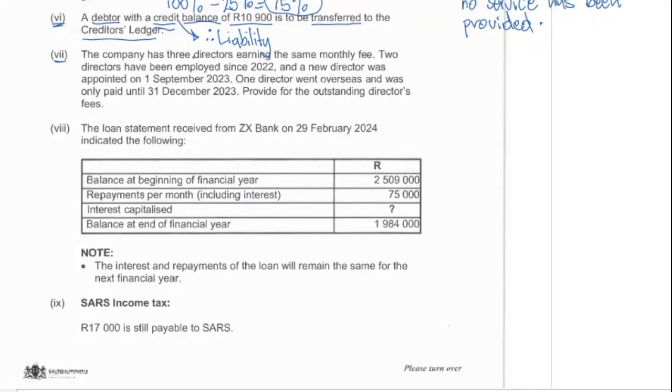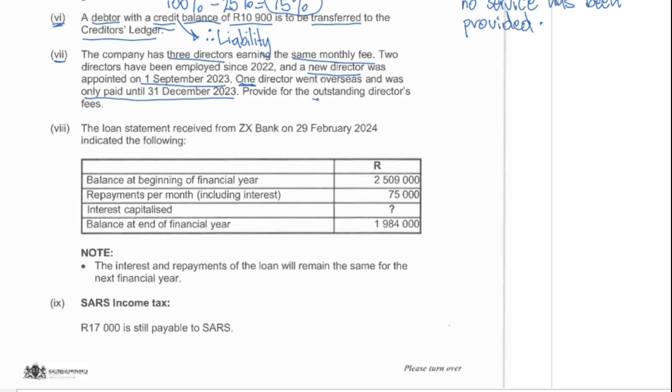Adjustment number 7 states that the company has 3 directors earning the same monthly fee. 2 directors have been employed since 2022, and a new director was appointed on the 1st of September 2023. 1 director went overseas and was only paid until 31 December 2023.